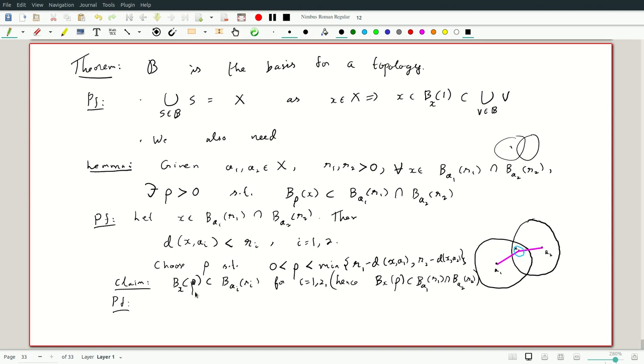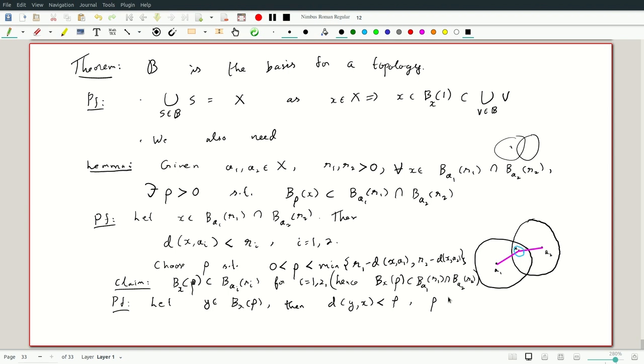Okay, so what do we want to show? We want to show, so let y belong to the ball around x of radius rho. Then what we know is that the distance between y and x is less than the quantity rho.